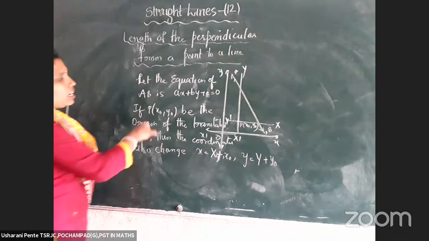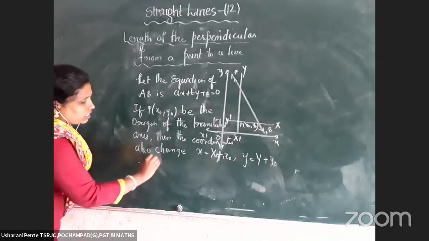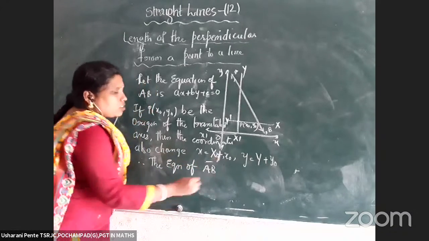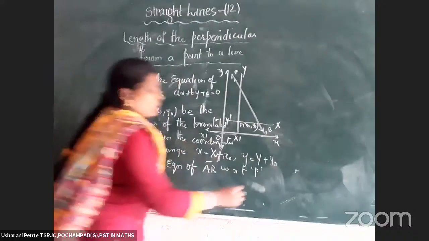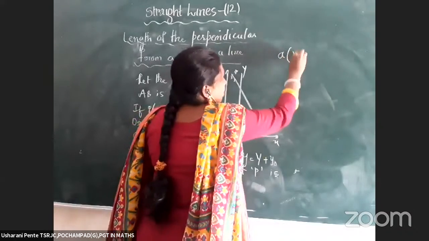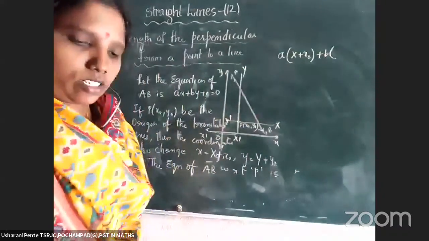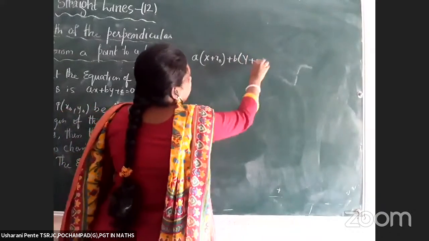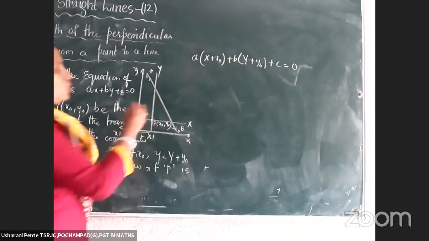Therefore, with respect to the new origin, how will this equation be? The equation of AB with reference to the new axis, with reference to P, is A into (capital X plus x0) plus B into (capital Y plus y0) plus C is equal to 0.